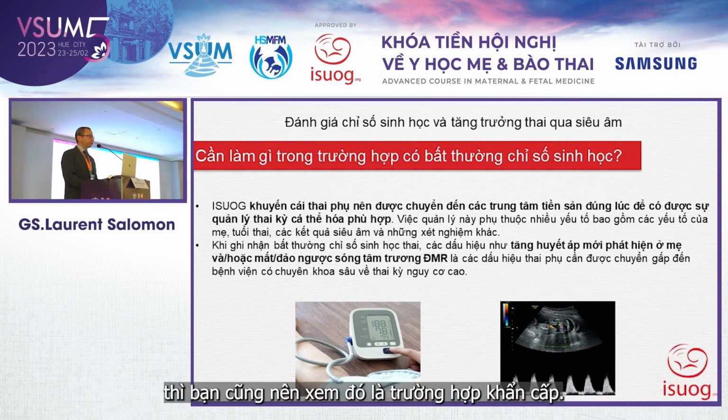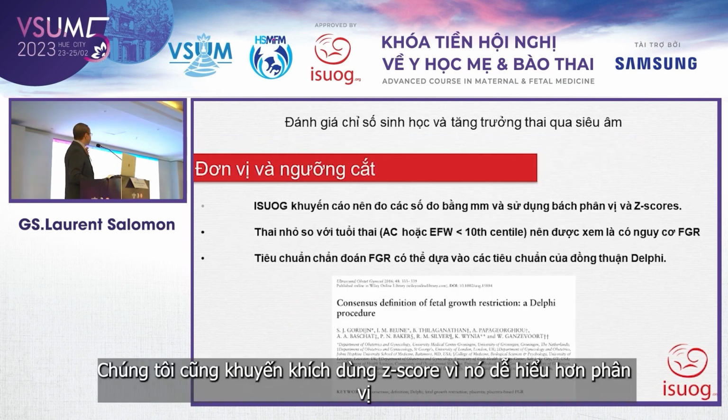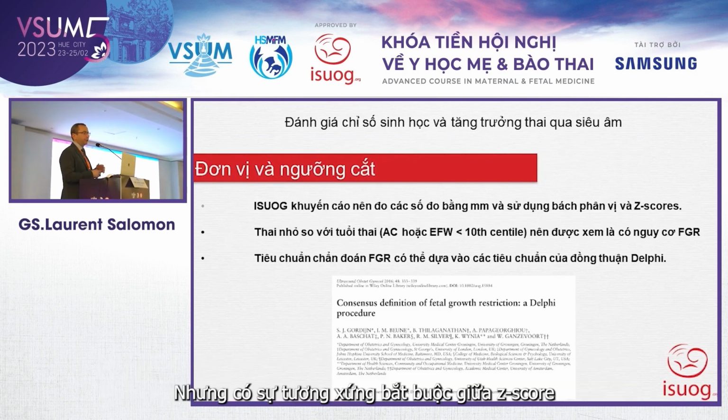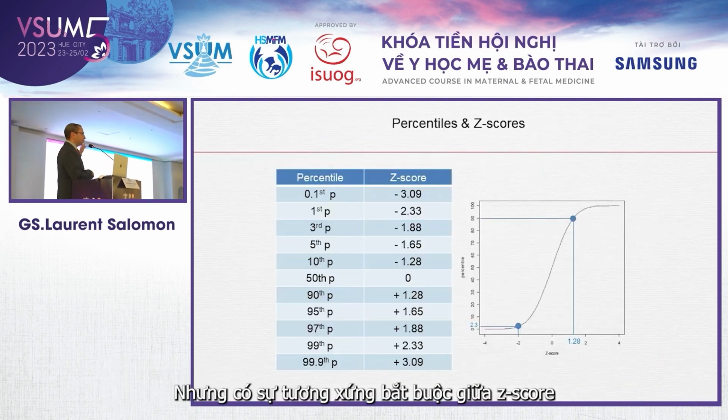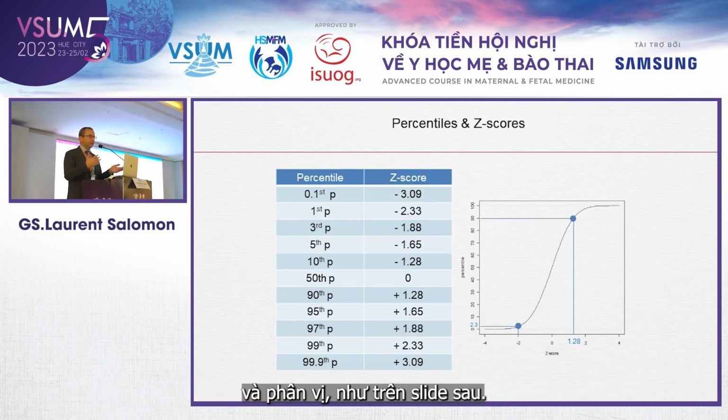We also recommend to use Z-scores because it's more straightforward than centiles, but of course you know that there is a strict correspondence between Z-scores and centiles, and you've got this correspondence on this slide.